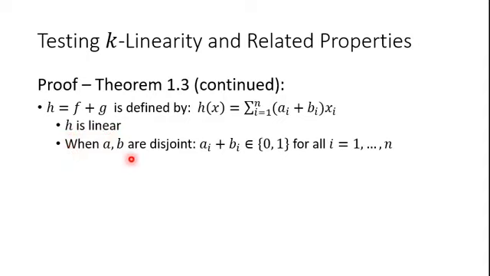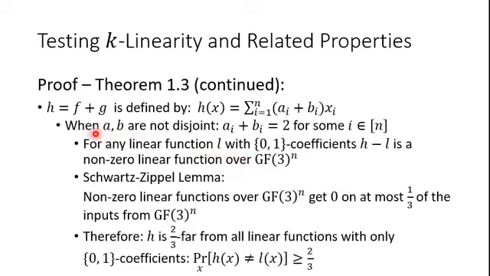And also when a and b are disjoint, then the sum of a_i and b_i is, of course, in 0 and 1. It cannot pass 0 and 1. However, when a, b are not disjoint, a_i plus b_i equals 2 for some i in the indices from 1 through n, simply by the definition of being not disjoint.